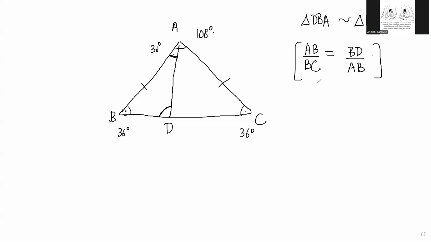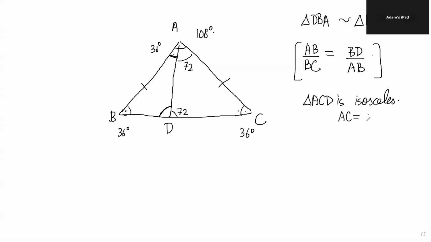Correct? Now, if you look at the other triangle, triangle ACD, this is 36, this is 72, and this is also 72, right? So this triangle is isosceles. Triangle ACD is isosceles. And what that means is CD is equal to AC.